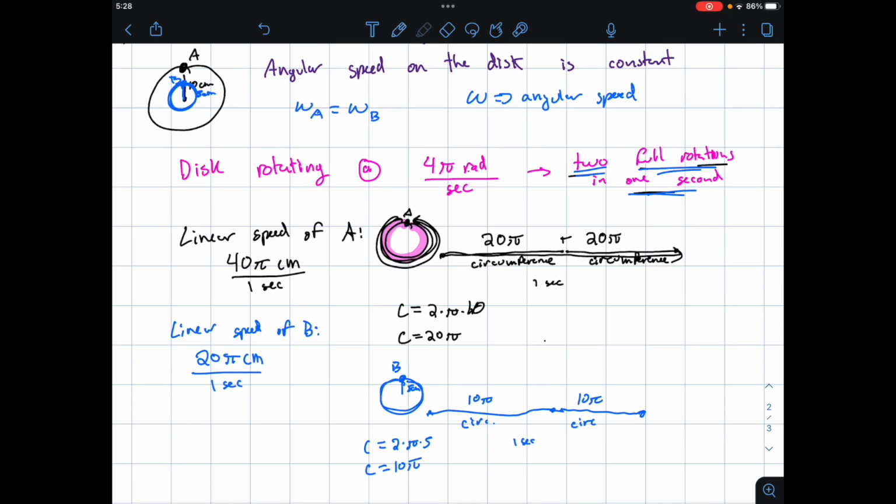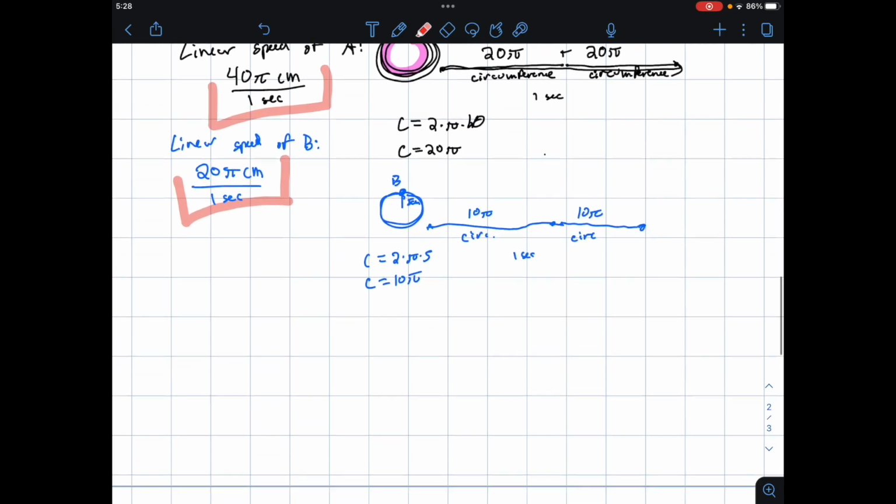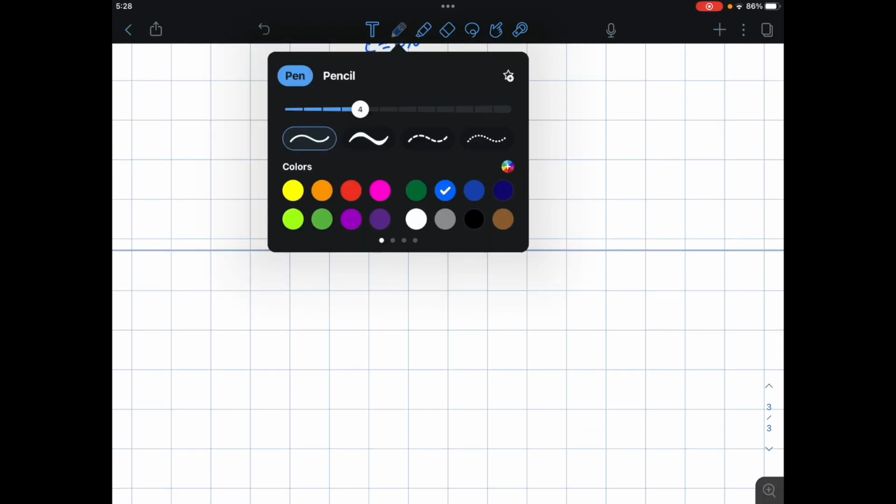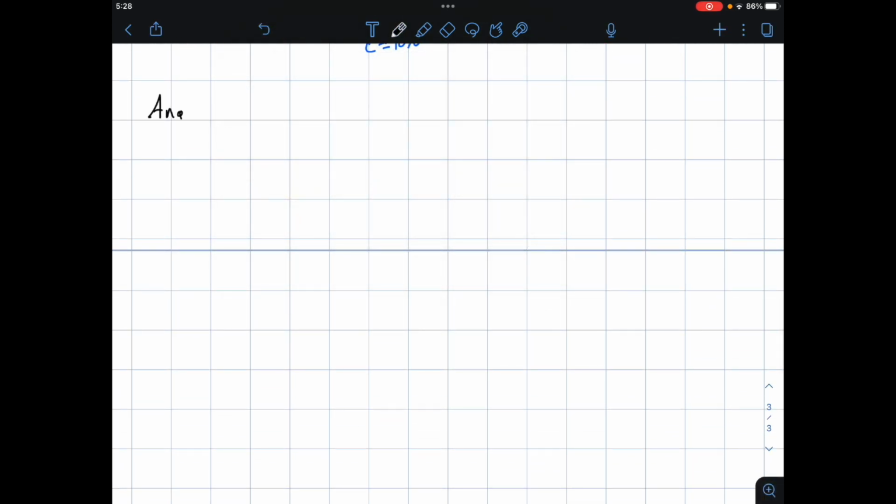And I bet you're thinking, well, look at that. The linear speed of A and the linear speed of B are different, which is a very important thing. So angular speed on a rotating disk is constant. If you're on the same disk, or even on this arm and it's rotating all in a circle, your angular speed is constant.